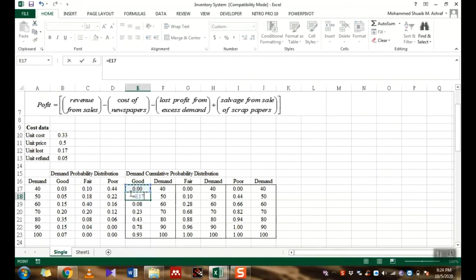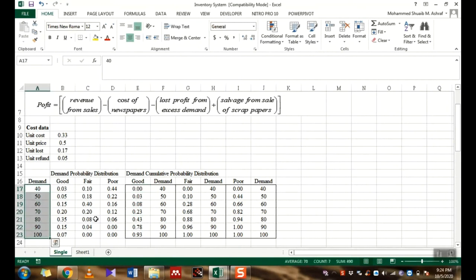This plus this, then this plus this plus this will be this, and so on. The demand is given here, same as here, and same for fair.